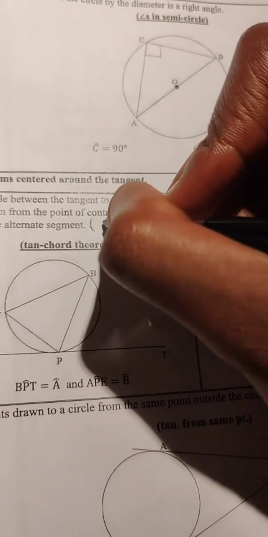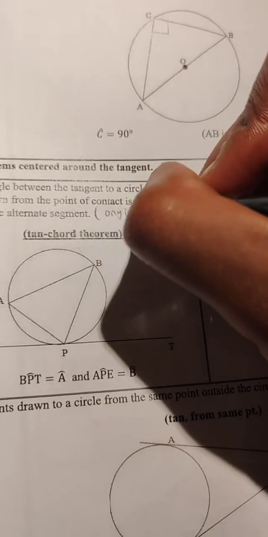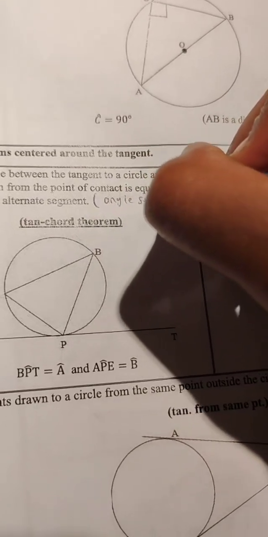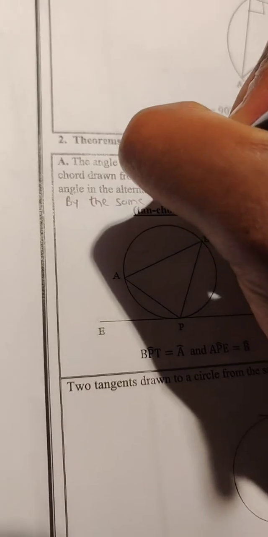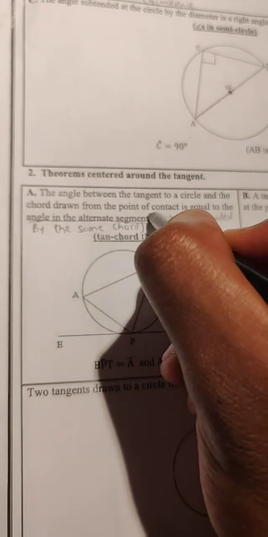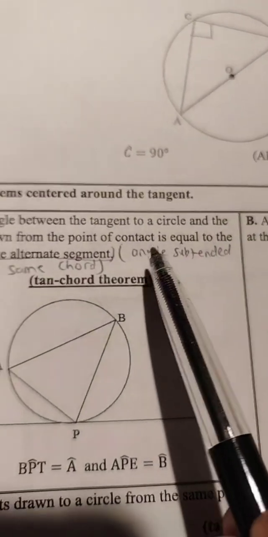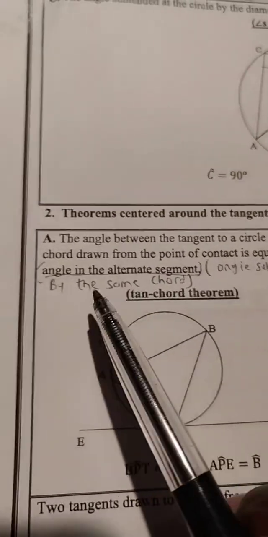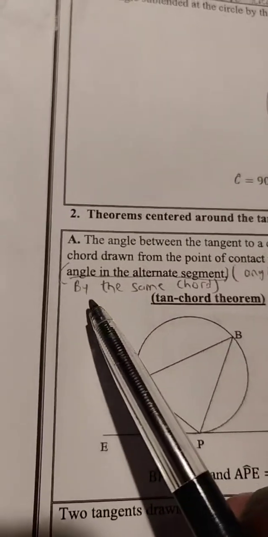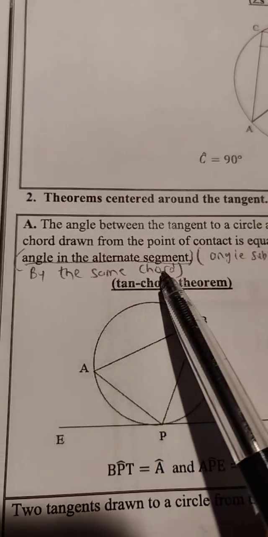Other wording that they usually use is equal to the angle subtended by the same chord. They either say it is equal to the angle in the alternate segment, or they can say it is equal to the angle subtended by the same chord.